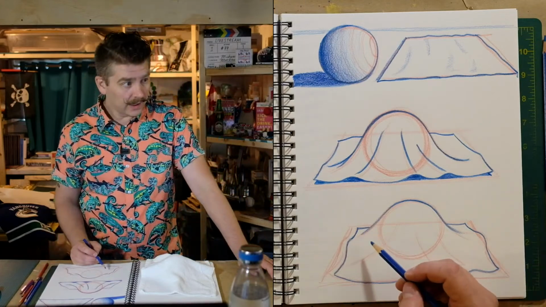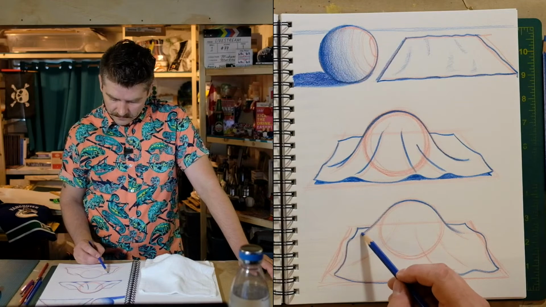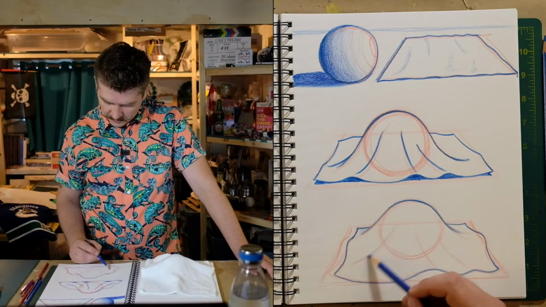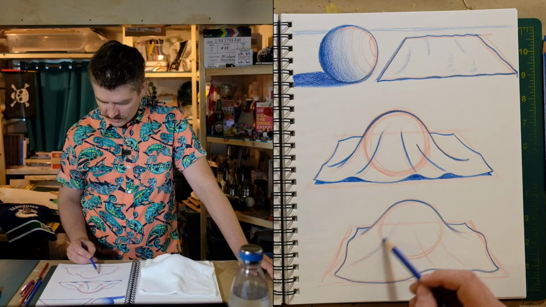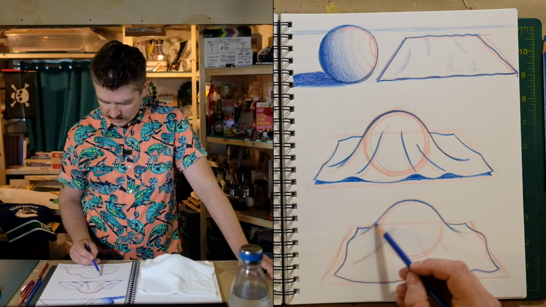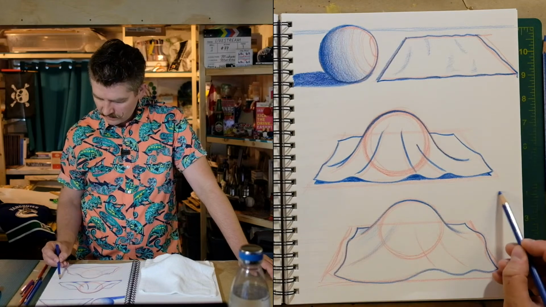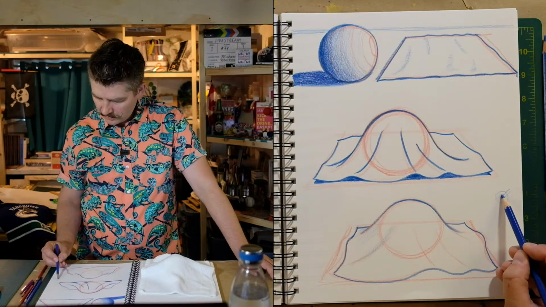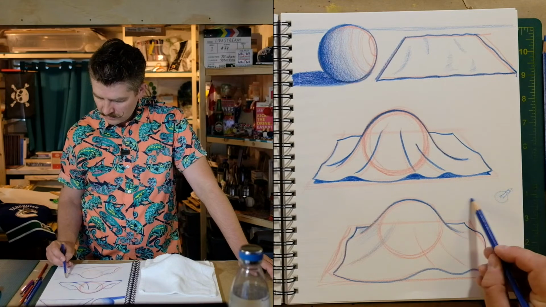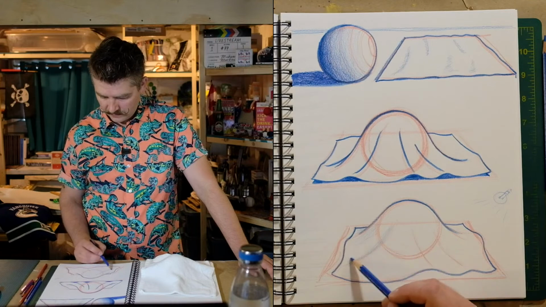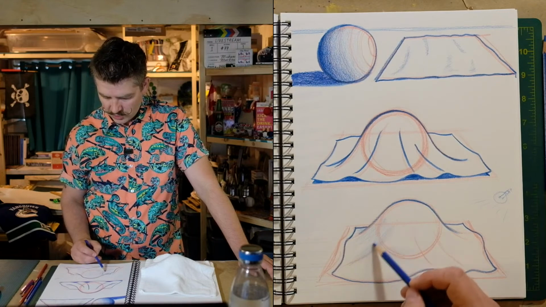So this time I'm going to be a little bit more delicate with the way that I shade. Again, we'll imagine we have a light bulb, let's say right over here. So this side is going to be much darker.